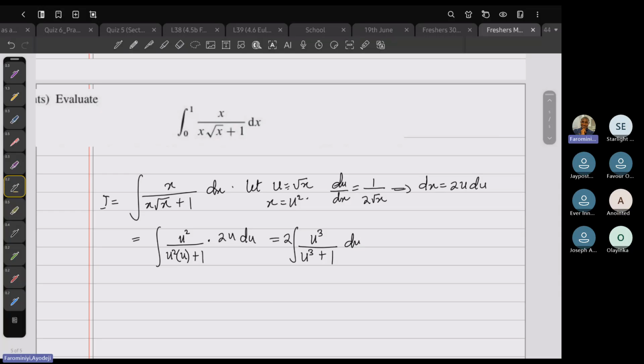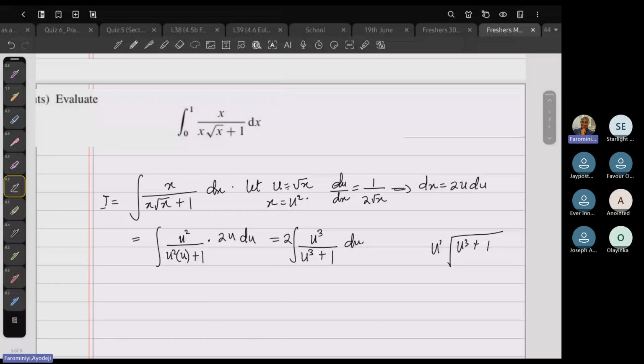However, this is an improper fraction. Although it looks as if it's a proper one, anytime the degree of the numerator is greater than or equal to the degree of the denominator, then it's an improper fraction. We can either use long division like we did yesterday, or you just maneuver nicely with this.